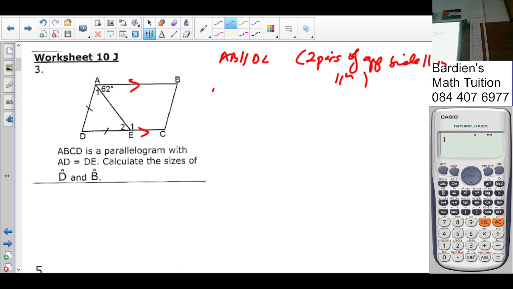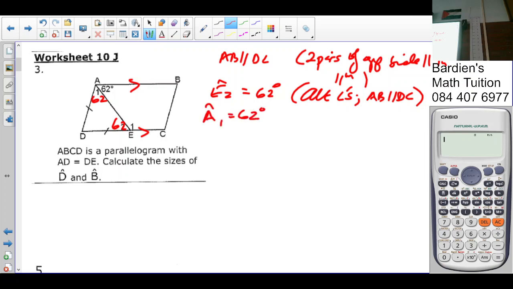Okay, then we see that E2 is equal to 62. So E2 is 62 degrees. Why? The alternate angles are equal with AB being parallel to DC. Then we know that A1 is 62. Why is A1 62? It's angles opposite equal sides. Then sum of triangles.